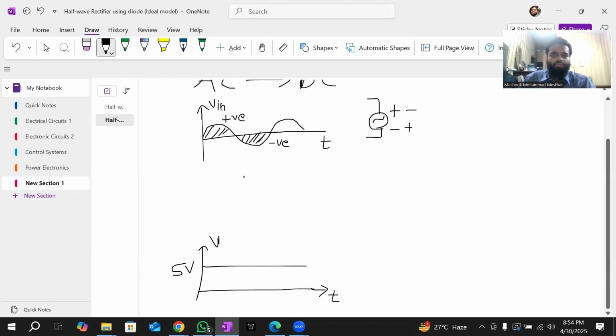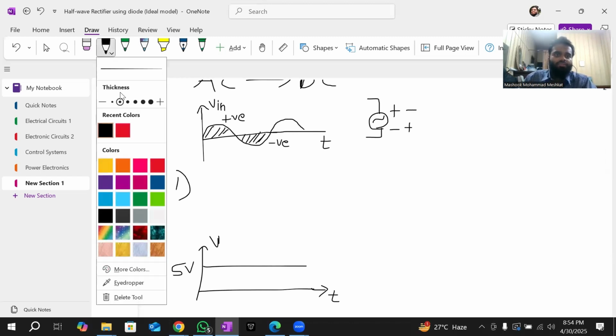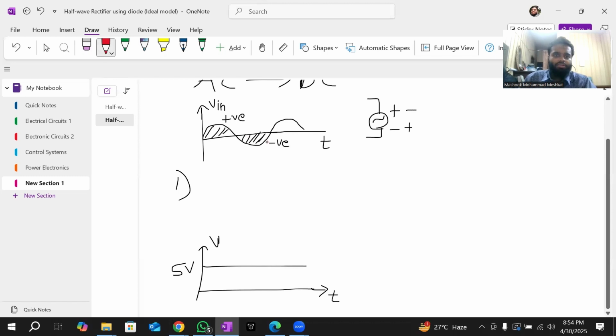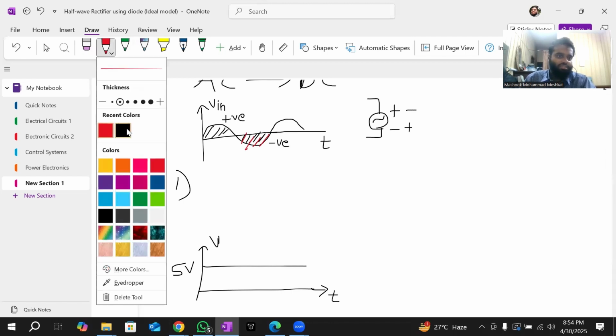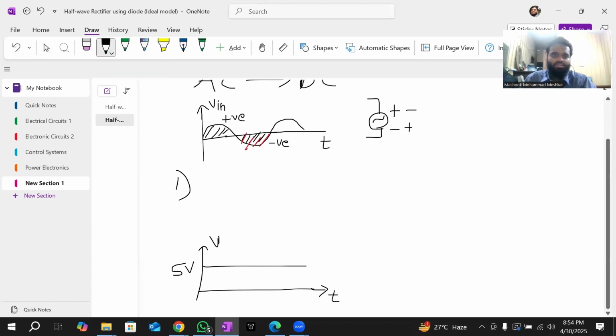For this, we have some steps to do. The number one step is to cut off the negative part of my AC signal. Negative part as in this part. If I label it with red, see, this part is unnecessary and I don't need it, because I'm going to make my DC signal in one direction. The DC signal is basically one direction, but this is in both directions.